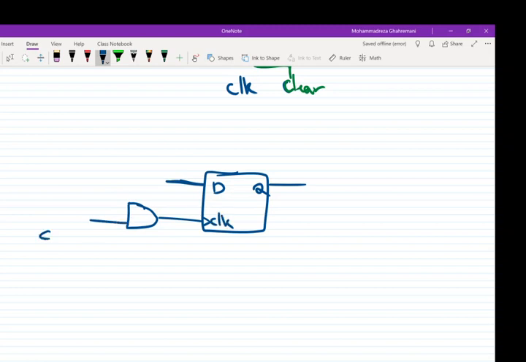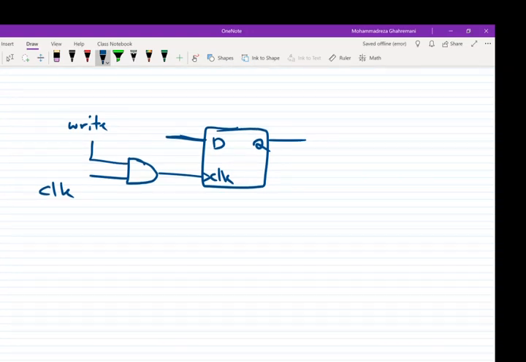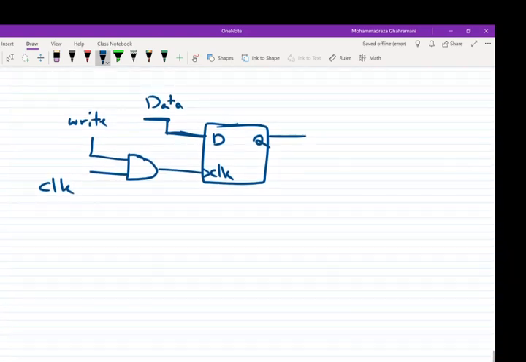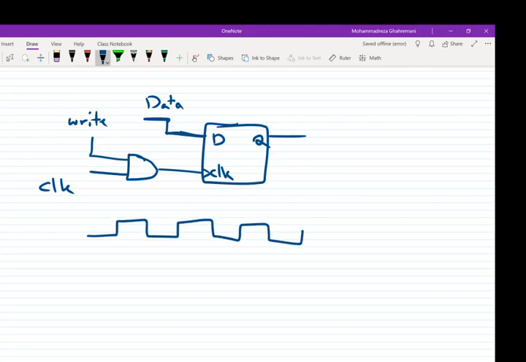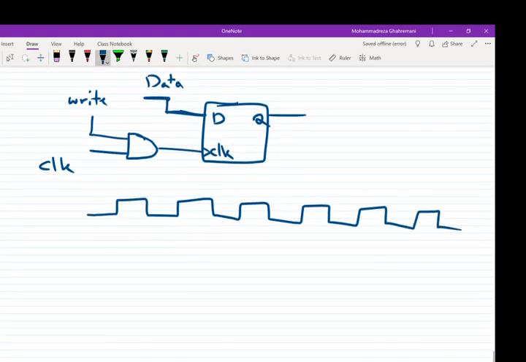So here is the clock, the write signal, and here is the data. The clock is ticking continuously; we cannot stop it.